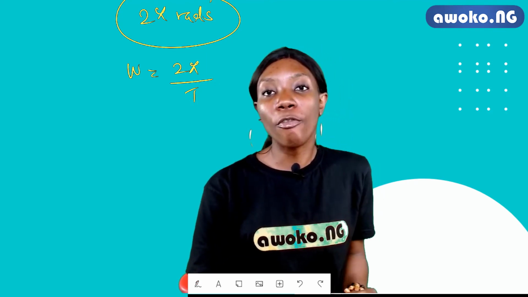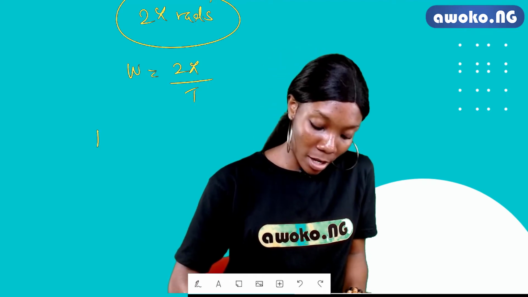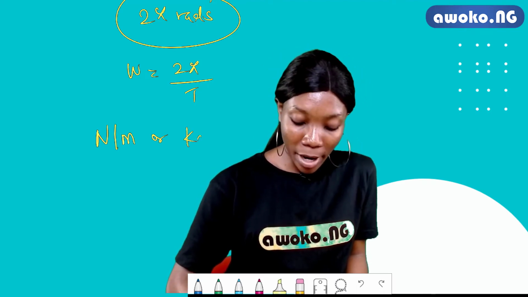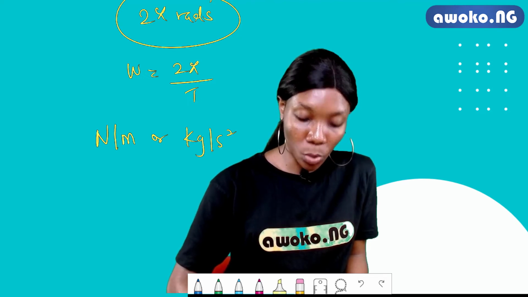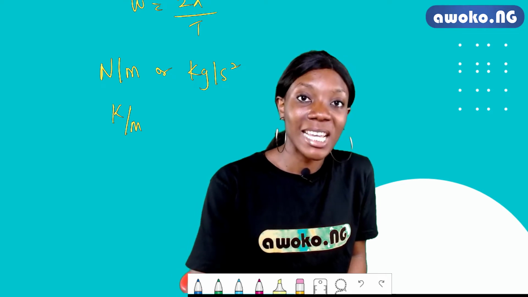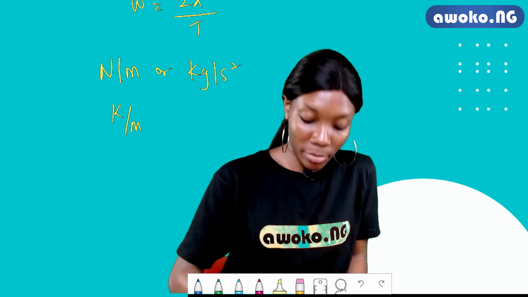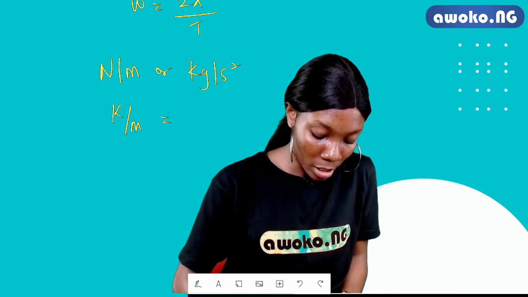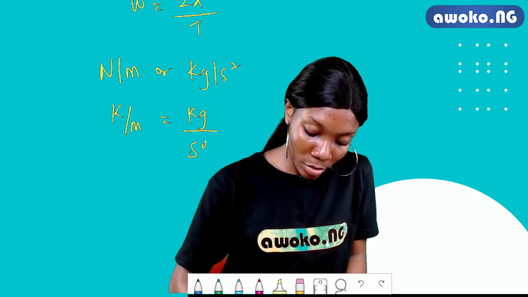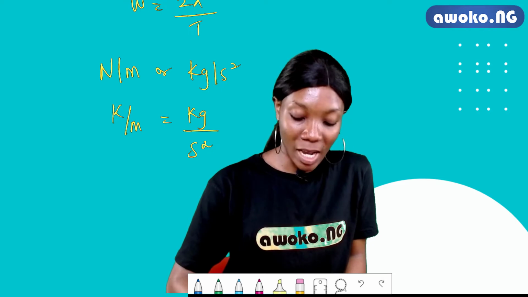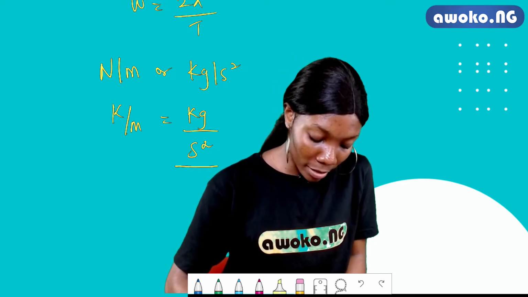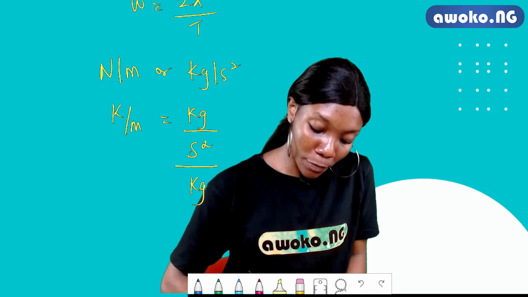Now, the units of K are newton per meter or kilogram per second squared. So, K over m is in kilogram per second squared over kilogram, which is the unit for mass.